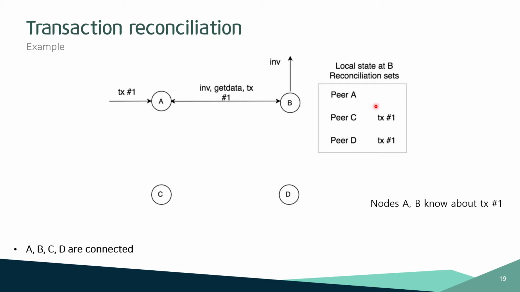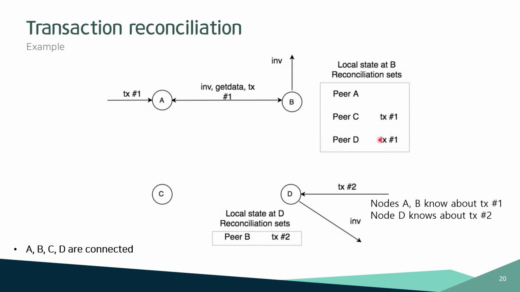In the case of C and D, transaction 1 is not transmitted by B yet, so B records transaction number 1 in those columns.